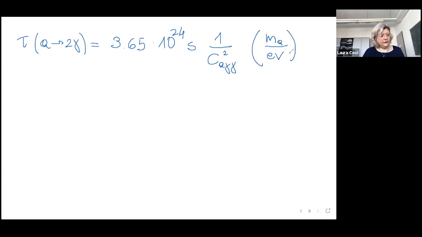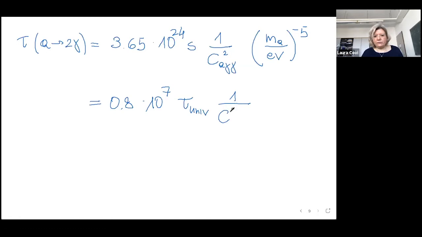Okay, so this is actually much larger than the mass I have in the case of dark matter. And if you want, I can also scale this with the age of the universe, and you see that this is something like 0.8 times 10 to the 7 times the age of the universe. And again, the same factors.